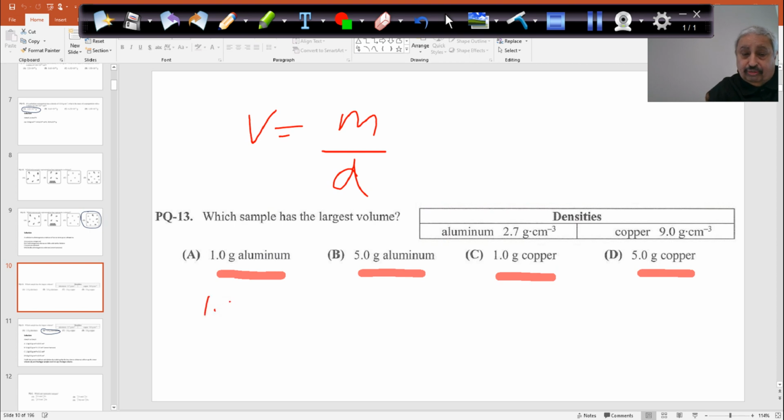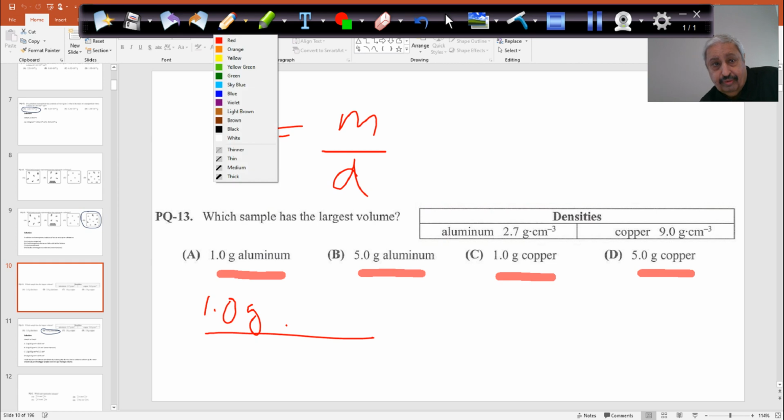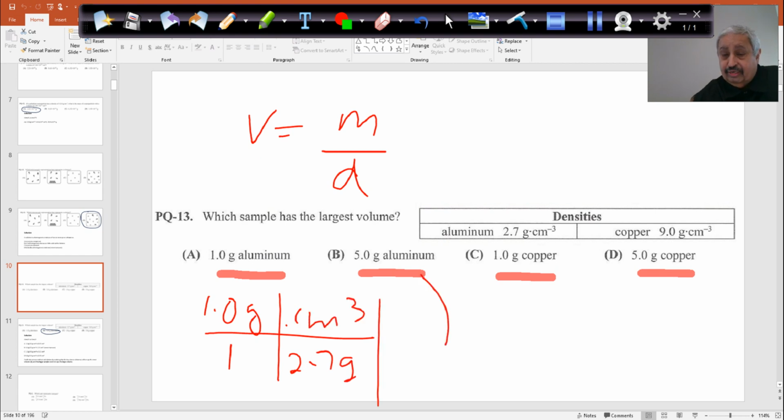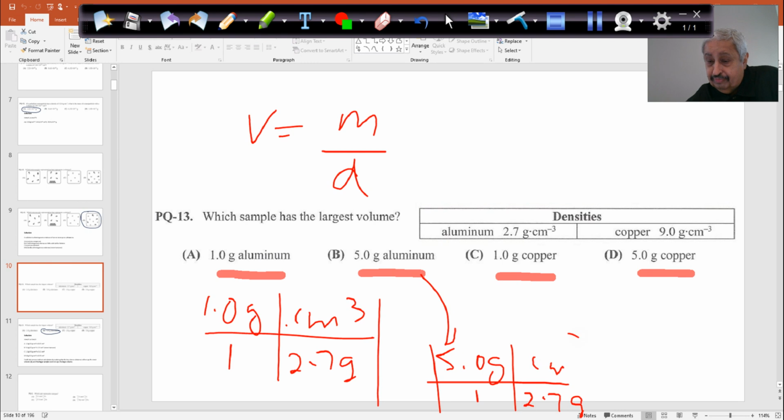This is 1.0 gram, that's aluminum. This is the mass here; you can use parentheses or a column, whatever you like. So this is 1 gram for the first one, over 1, and I need to get rid of the gram. This is aluminum, so I put 2.7 gram per centimeter cube. This one here is 5.0 gram, and the density is 2.7 gram per centimeter cube.